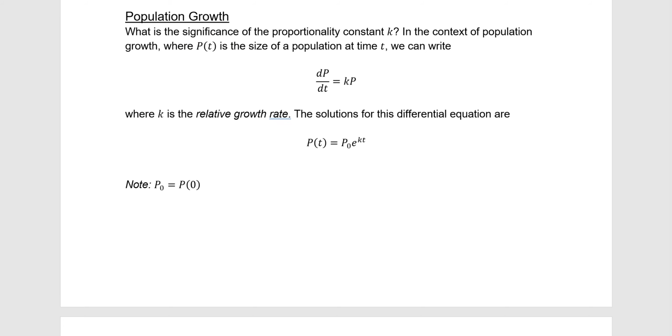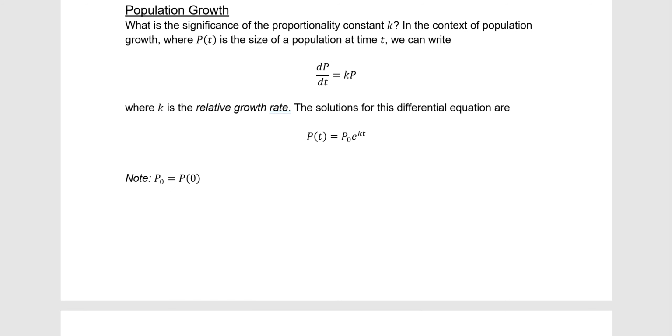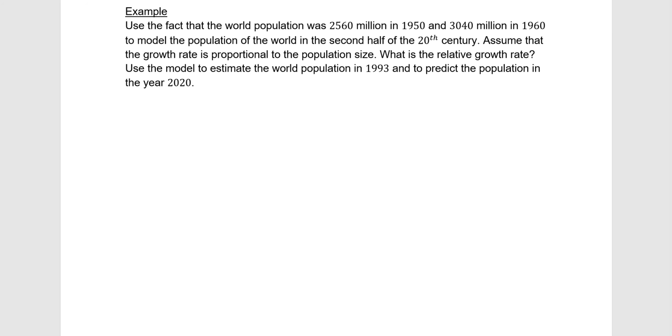And just like we mentioned before, the solutions for this differential equation are going to have the function p of t equals p naught e to the kt. And I put a little note here that p naught is p of 0. It is the initial value. It is a constant. Okay, so that's really nothing new. We're just using different variables to represent population. P for population. So let's see an example here, a couple questions.